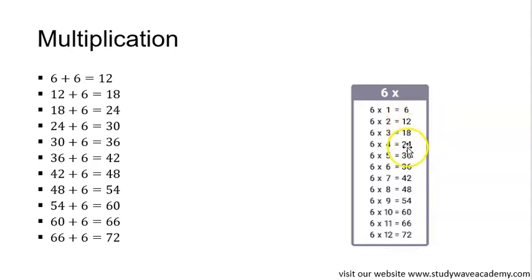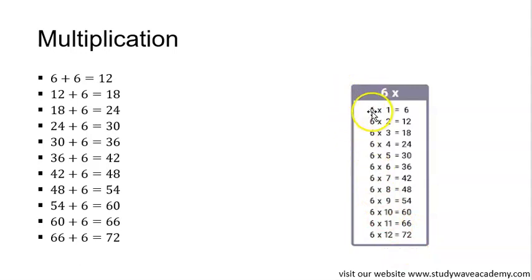You add 6 to 18 is 24. You add 6 to 24 is 30. You add 6 to 30 is 36. You add 6 to 36 is 42. You add 6 to 42 is 48. You add 6 to 48 is 54. You add 6 to 54 is 60. You add 6 to 60 is 66. You add 6 to 66 is 72.